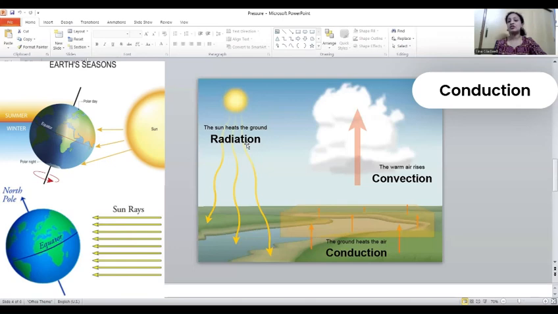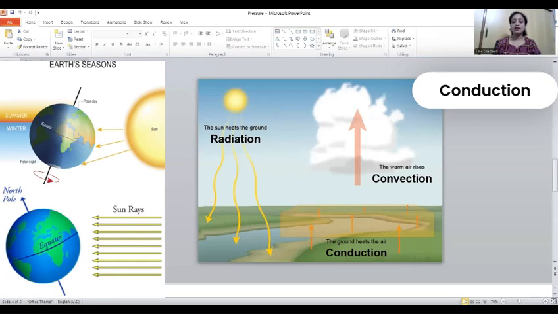Radiation is the solar radiation, the process of insolation, when the sun radiates heat to the surface of the earth, to the land, and the land absorbs enough heat, the remaining is radiated back. In the initial process it heats the air around, and gradually the warm air, which is usually lighter, as we learned in pressure in the previous video, rises. This process is called convection. So from radiation it's conduction, and from conduction it then leads to convection.